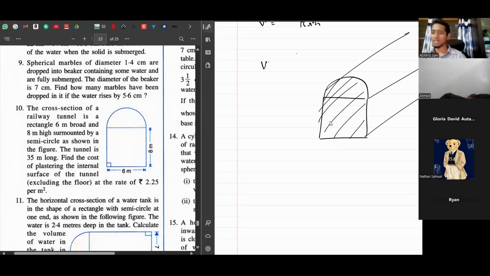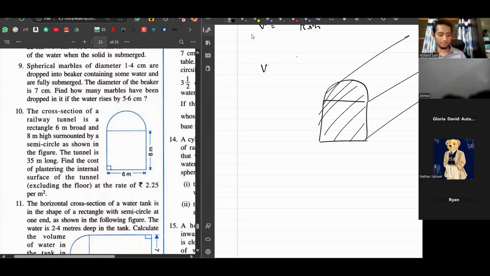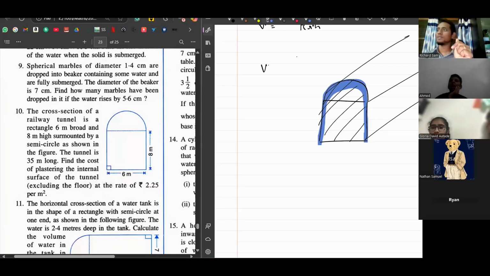Now, how do you find the surface that you're going to plaster? The surface that you're plastering is what I'm highlighting here. So for that, you'll have to find this one's length and multiply that with 35.